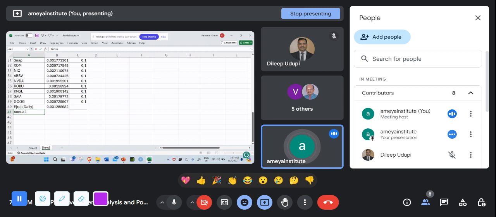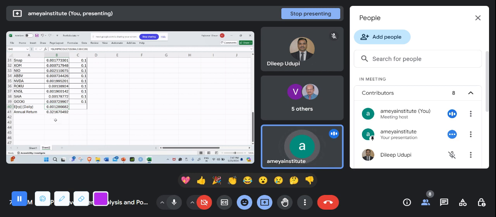So annual expected return, let's calculate here. So daily return into 250 days, that's your annual returns.